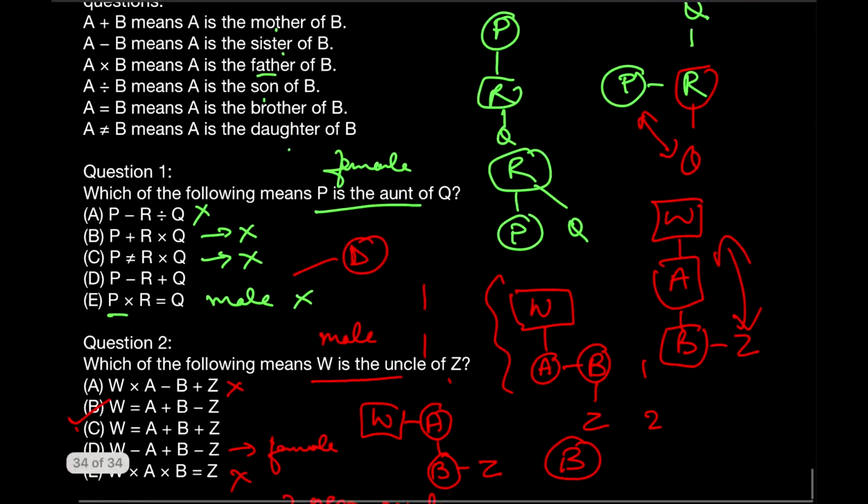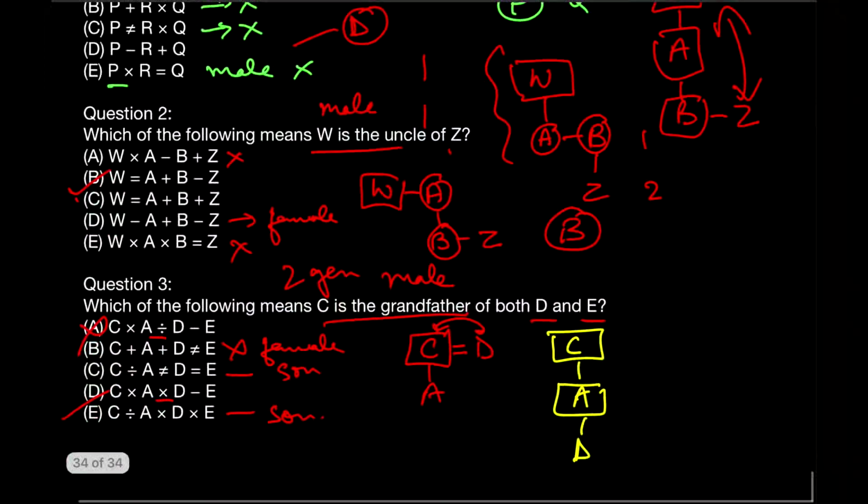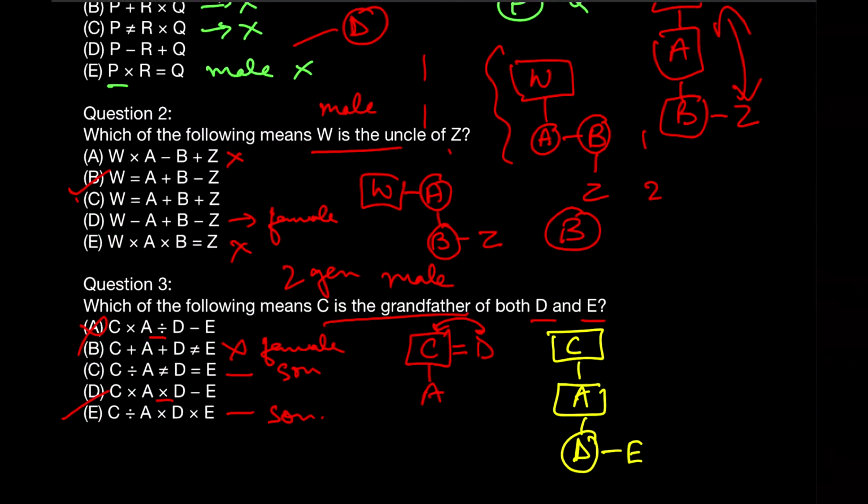And D minus E means D is the sister of E. So here is D and here is E. So don't you find that now we can very easily say that C is the grandfather of these two kids, D and E? Of course it is. So option D will be the correct answer.